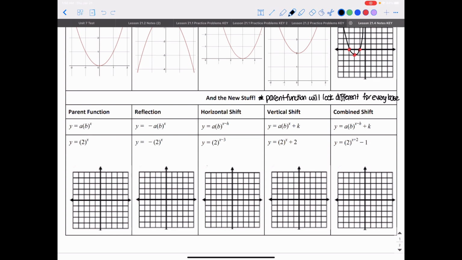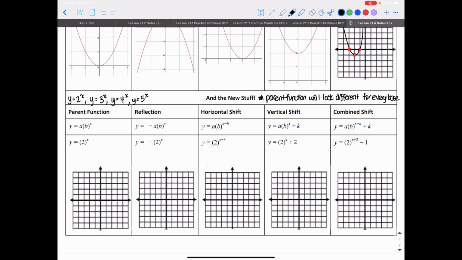Whatever base you have, to just the x power, nothing else. So that's one example. Another example will be 3 to the x power, or y is equal to 4 to the x power, y is equal to 5 to the x power, etc. Your parent function is just going to be whatever base you have to just the x power.